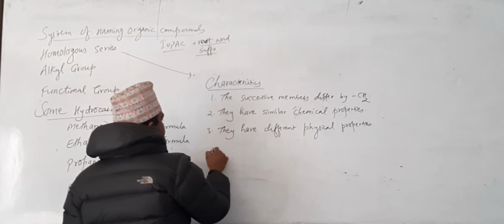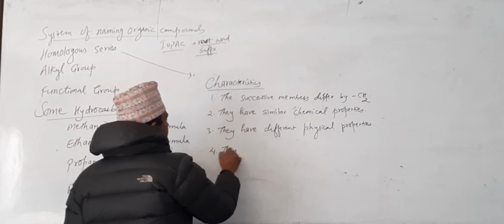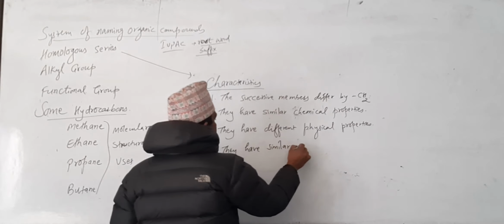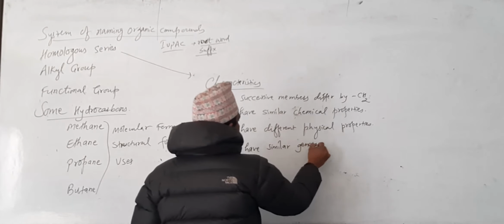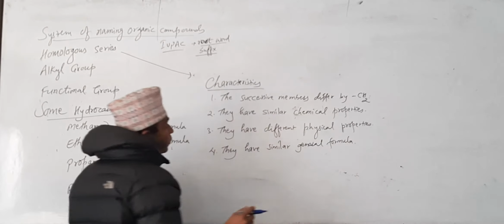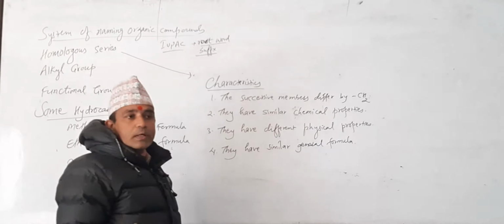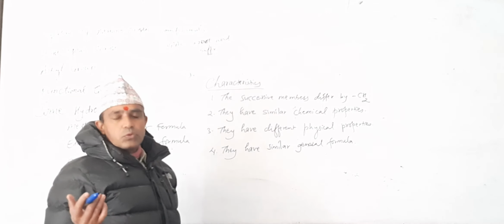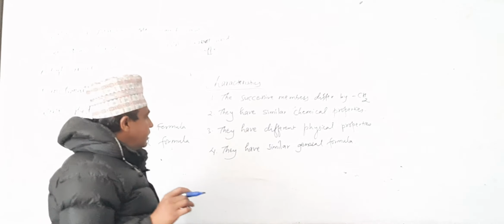Number 4, they have similar general formula. I wrote earlier, no? CnH2n, CnH2n+2, CnH2n-2. These are general formulas.